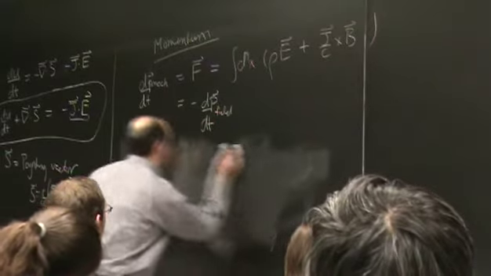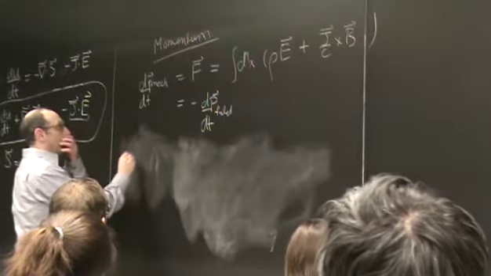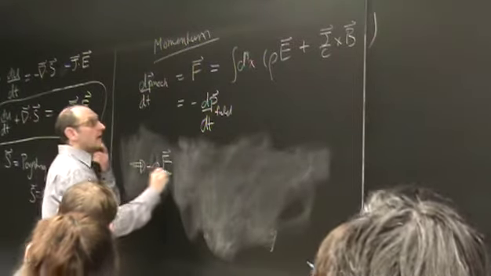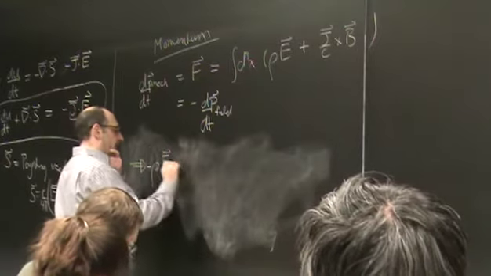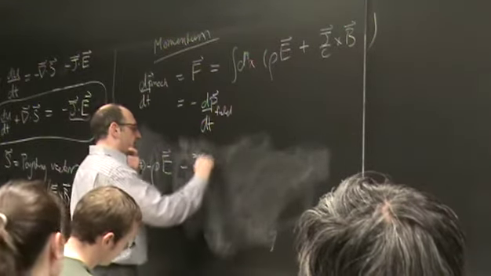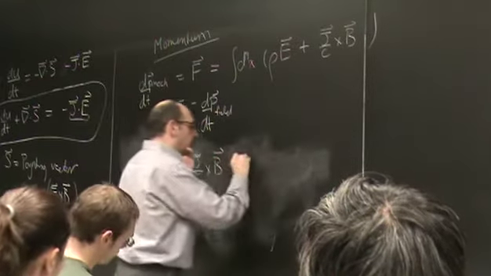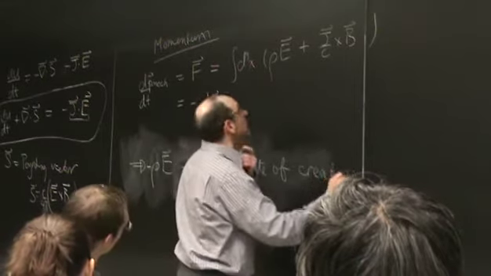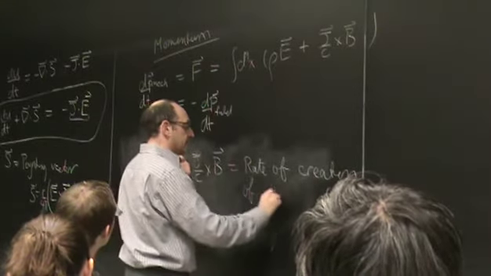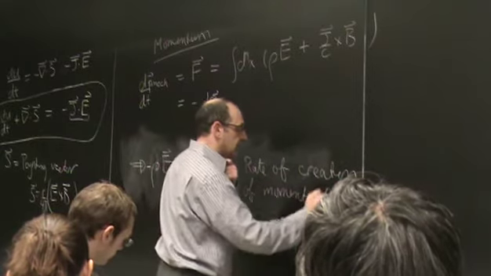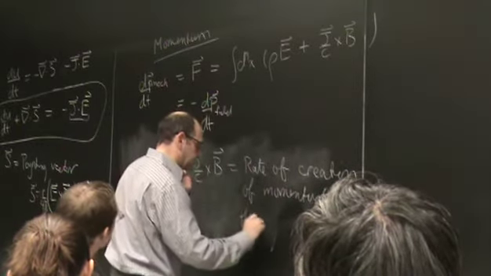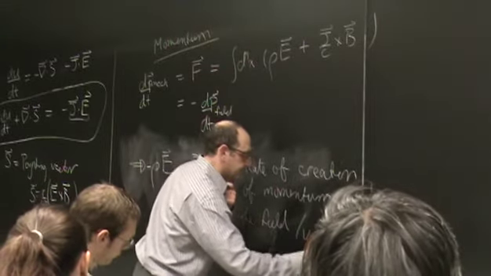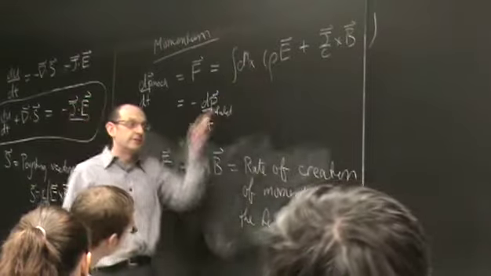Let me go back to that and just say the following, that rho plus or minus J over C cross B is equal to the rate of creation of momentum in the field per unit volume. Just looking at this equation.